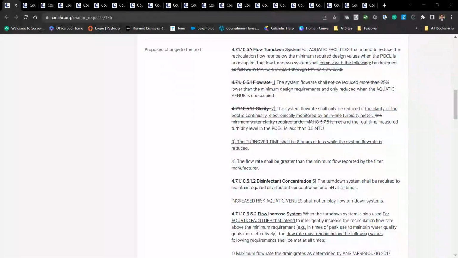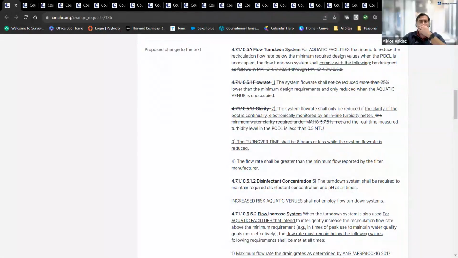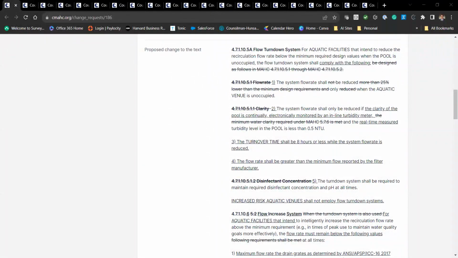Miklos, very quick, from a process standpoint, what's the vote totals on this one? How many do we have? 1, 2, 3, 4, 5, 6, 7, 8, 9? No, 8. So there were 6 who did not support, 2 in support. Okay. From a process standpoint, this would be listed as an abstain because we didn't meet the 60% for a no or a yes vote.